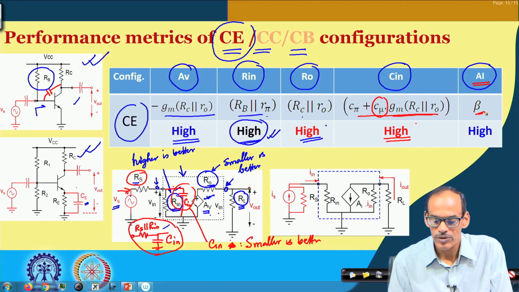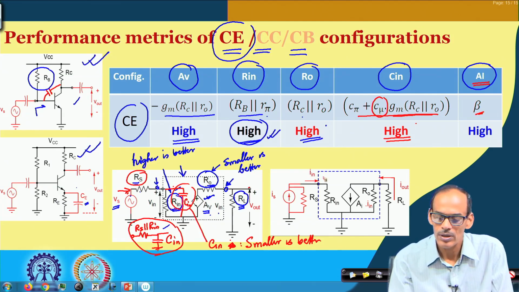It is very straightforward, we already have discussed that, and the corresponding model, in case you want to use this CE amplifier as a current amplifier, is given here. So, this is the macro model of that. Here also we have the 3 important parameters, particularly R in, R out, and current gain A I, and the other parameter, of course, we can consider is C in here.